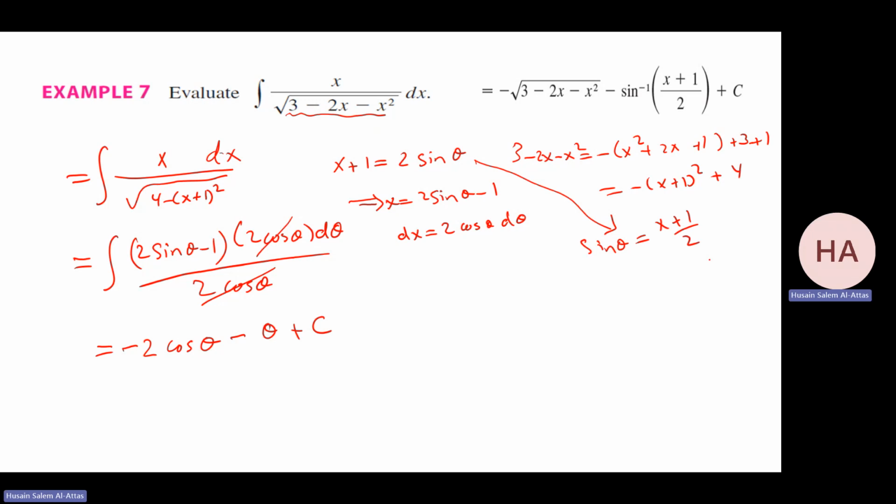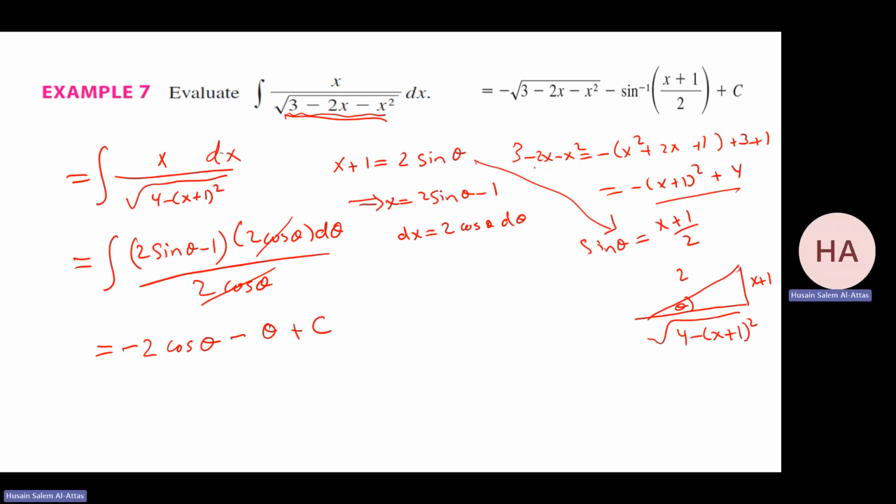Now from here sine theta equals x plus 1 over 2. So theta will be sine inverse, and also use the triangle to find cosine. Theta has opposite x plus 1 and hypotenuse 2. So the adjacent will be the square root of 4 minus (x plus 1) squared, hypotenuse squared minus this.